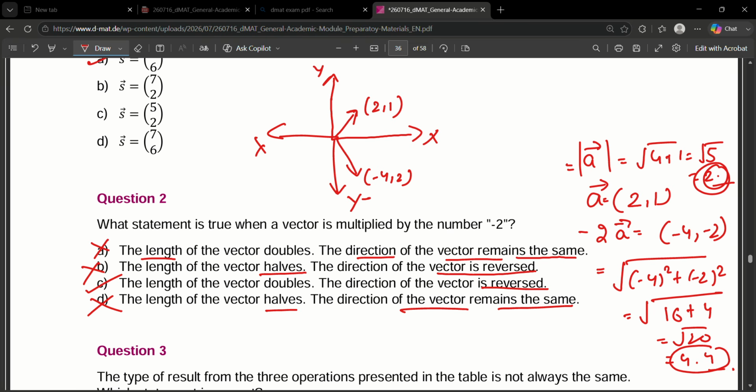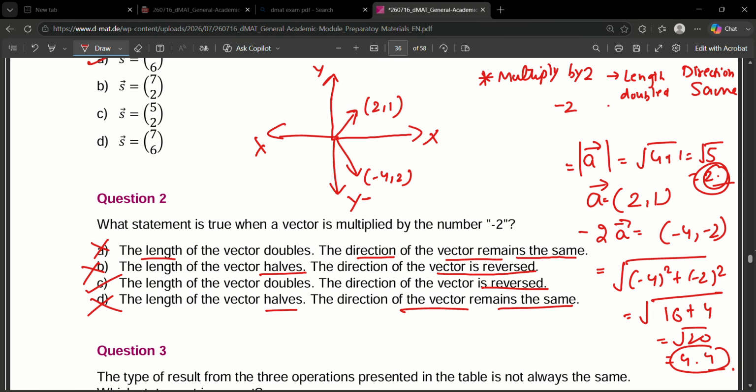You have to just remember this fact. If you multiply by 2, length would be doubled, direction would be the same, because it is positive 2. It would not change the direction.